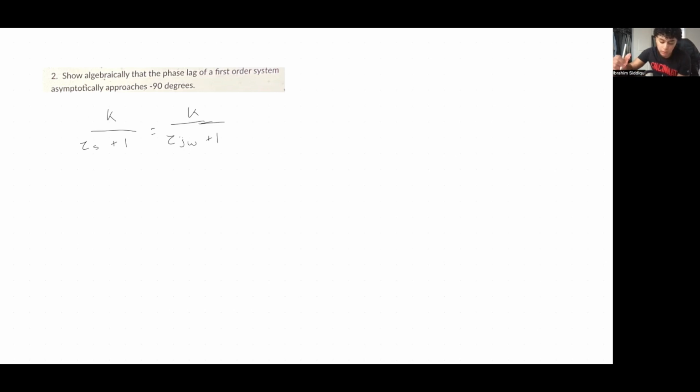What we will want to do next, before looking at our amplitude ratio, is multiply this by our complex conjugate. Multiplying it by our complex conjugate, what we get is K on the outside multiplied by 1 minus tau j omega over 1 plus omega squared tau squared.